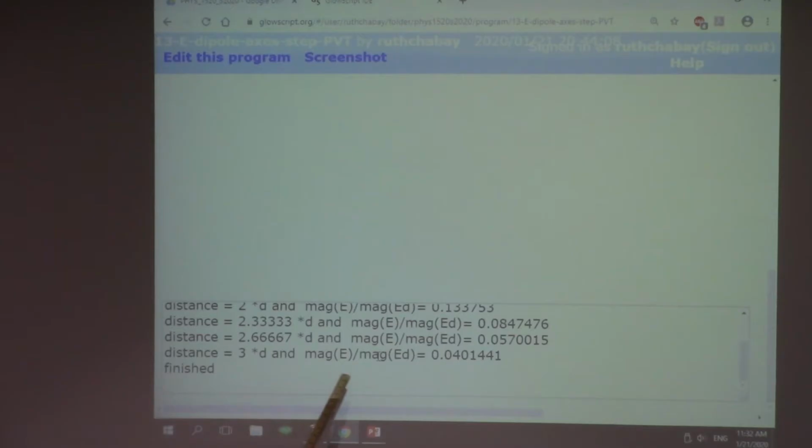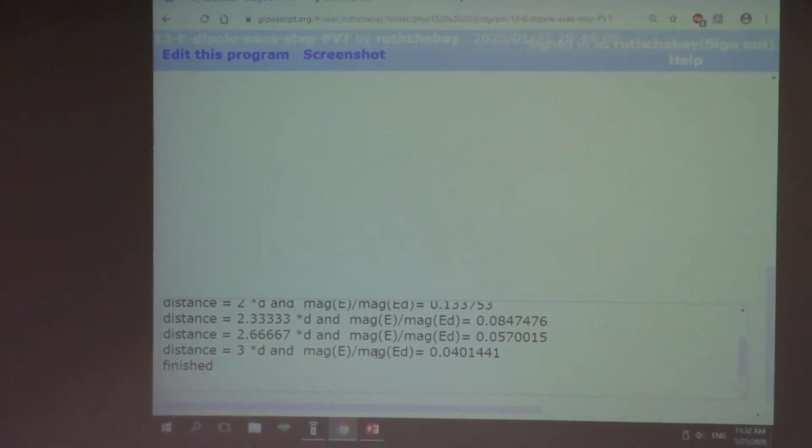Instead, it's a lot smaller than a ninth. It looks like about a 27th. My guess might be that this is a 1 over r cubed distance dependence, just from what we're seeing here.